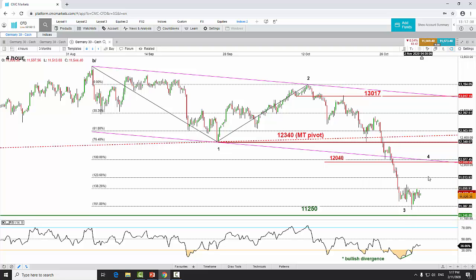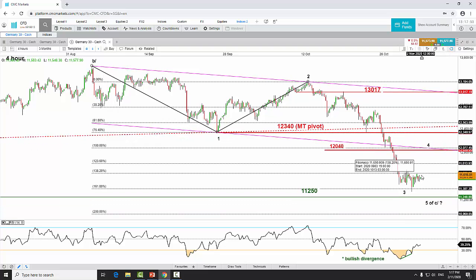to see a snapback rally or a wave 4 retracement to retrace this current wave 3 down move from the high of 13th October to last Friday's low. So what's the potential for this corrective wave 4 target to take shape?